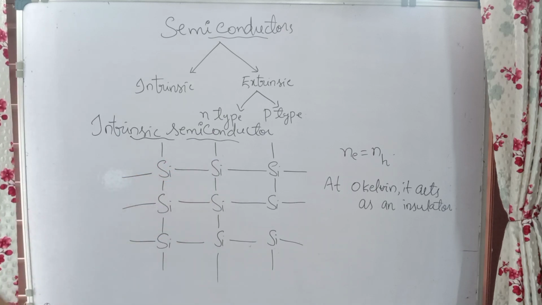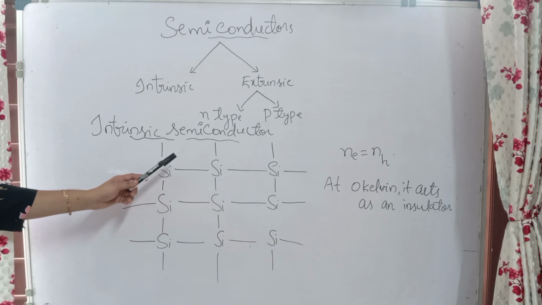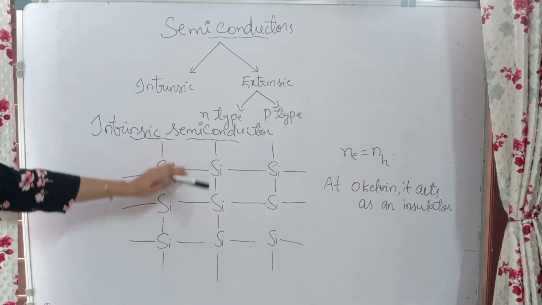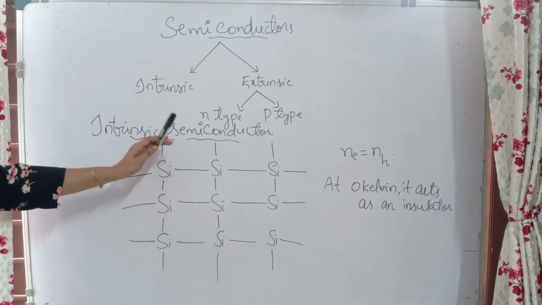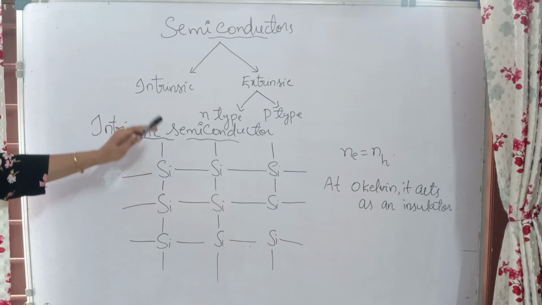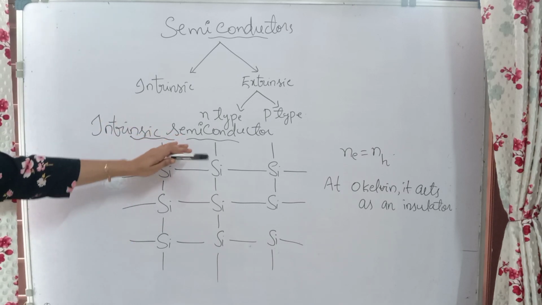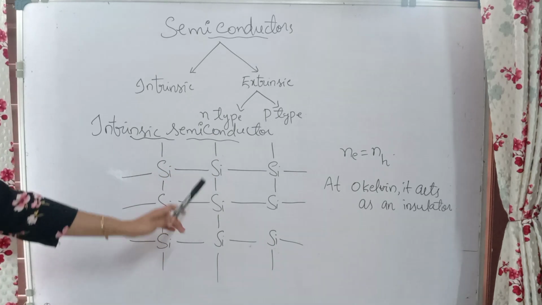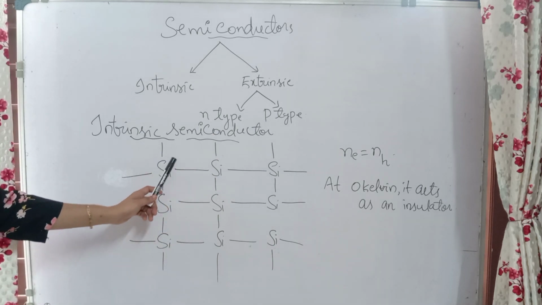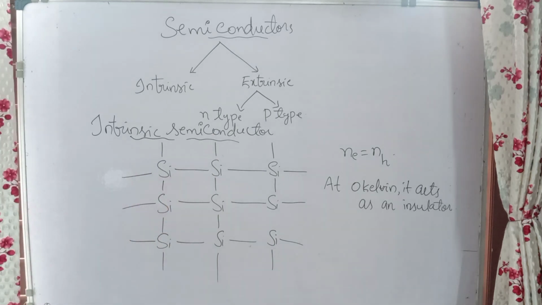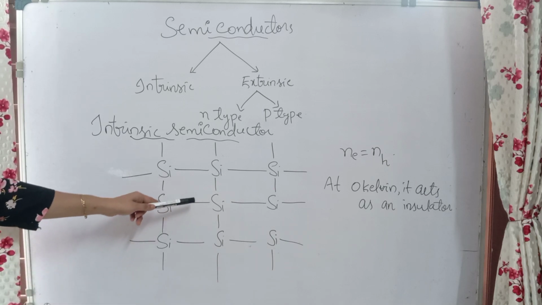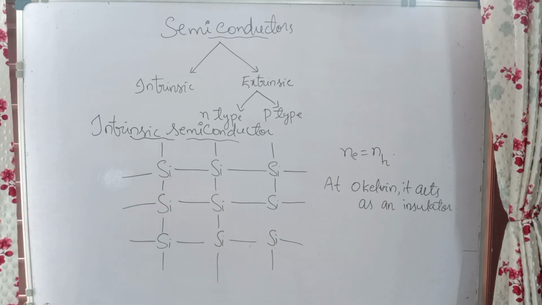Everywhere in the crystal we can see the covalent bonding. This is the case at 0 Kelvin: because the temperature is 0 Kelvin, the pattern forms like this, with a covalent bond to each neighboring atom. Suppose we increase the temperature, then what will happen?